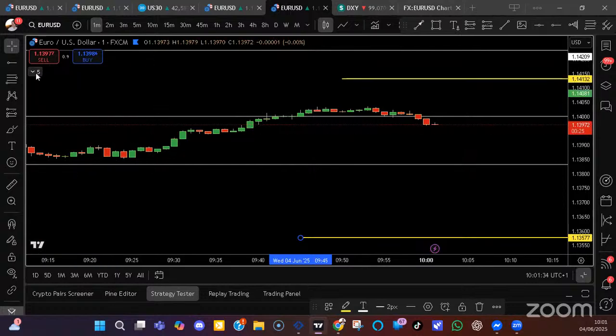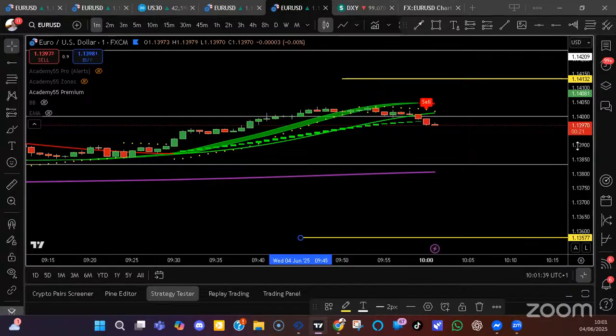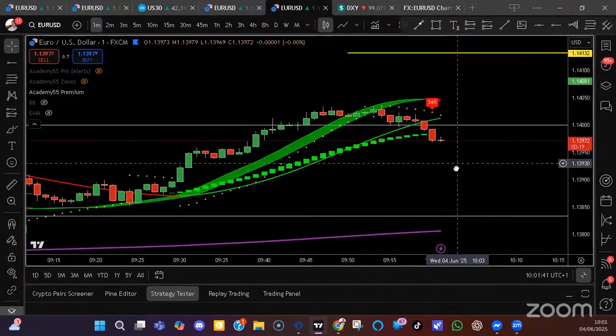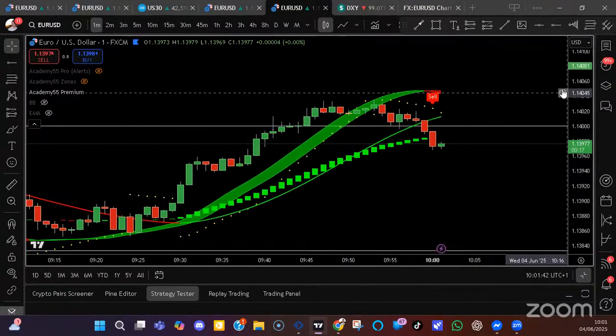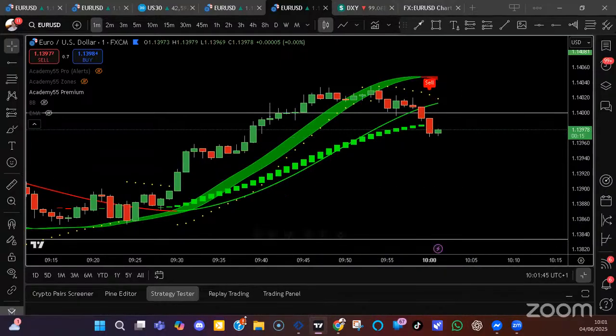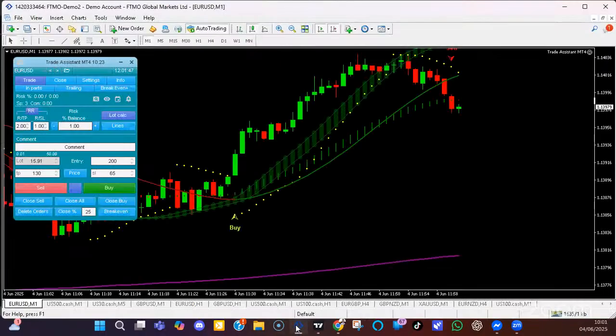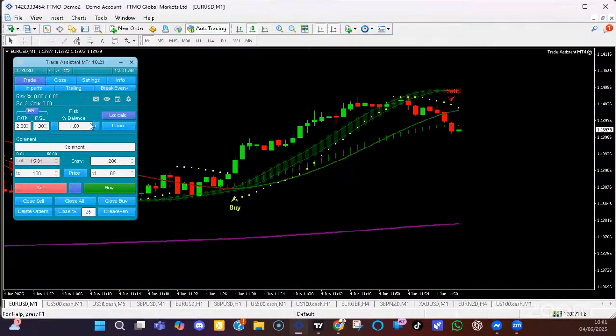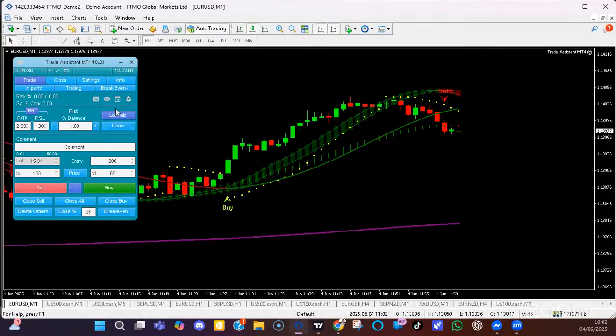And so we'll go down to the minute, put our indicators on, and all of a sudden we've got a sell going on. So we'll open up our MT4. Make sure you've got your risk reward in purple, your lot calc in purple, and your rectangle there, in case you need to close all trades, and all important 1%.